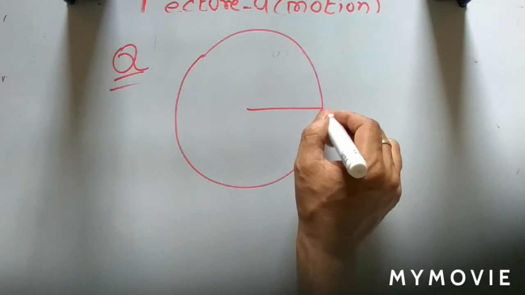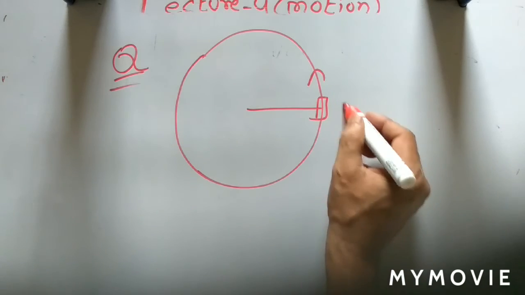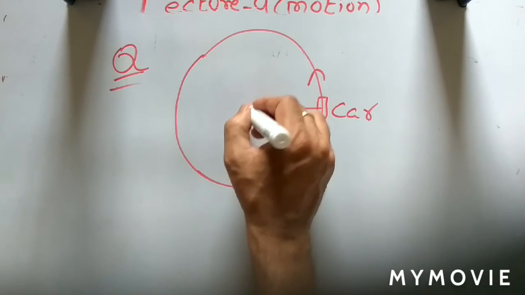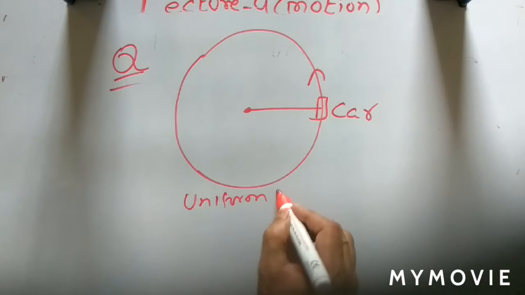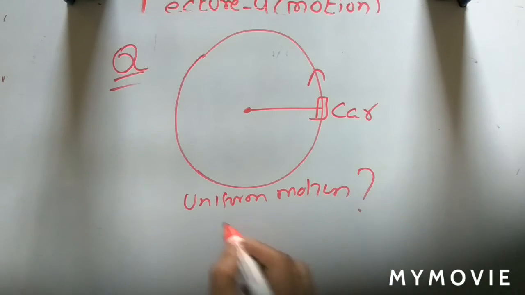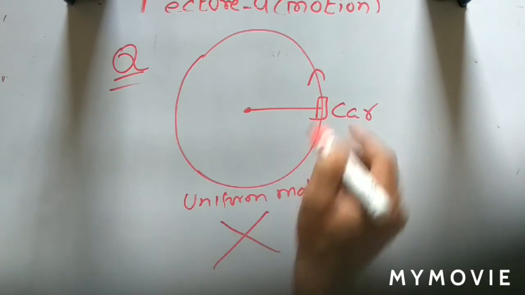That means from the displacement-time graph you can find the velocity by measuring the slope. And for non-uniform motion, velocity is not constant. At every point, velocity is changing.